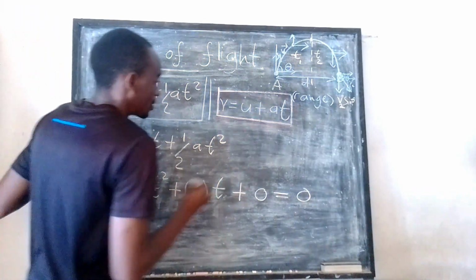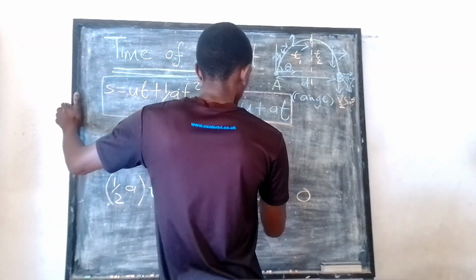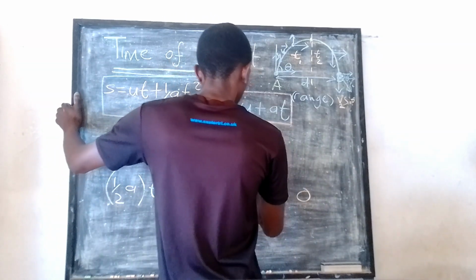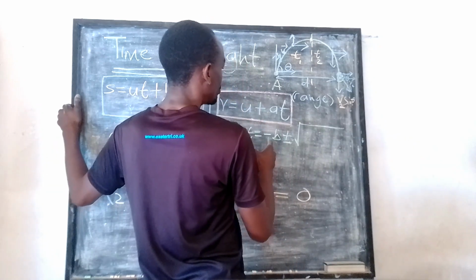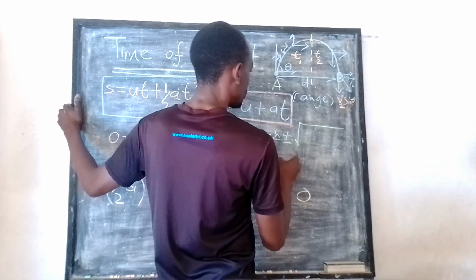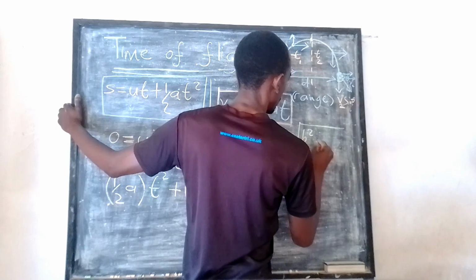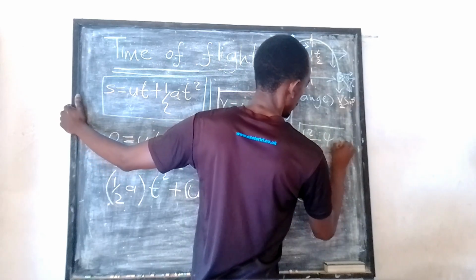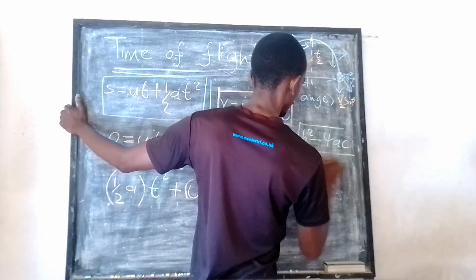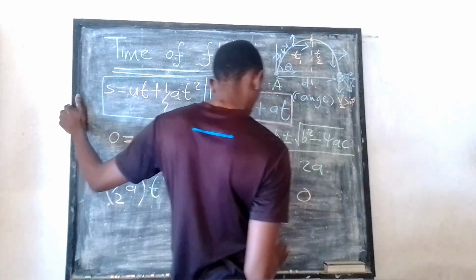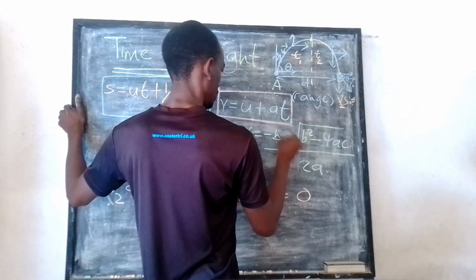So what is the quadratic formula? If I remember correctly, in this scenario, t is equal to minus b plus or minus the square root of b squared minus 4ac, all over 2a. Yes.